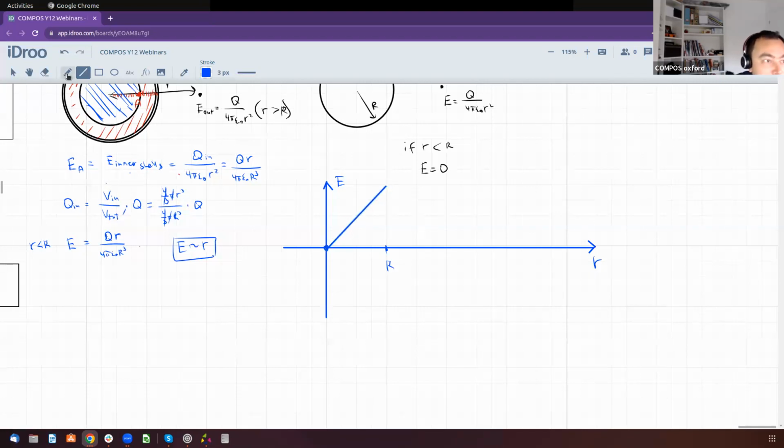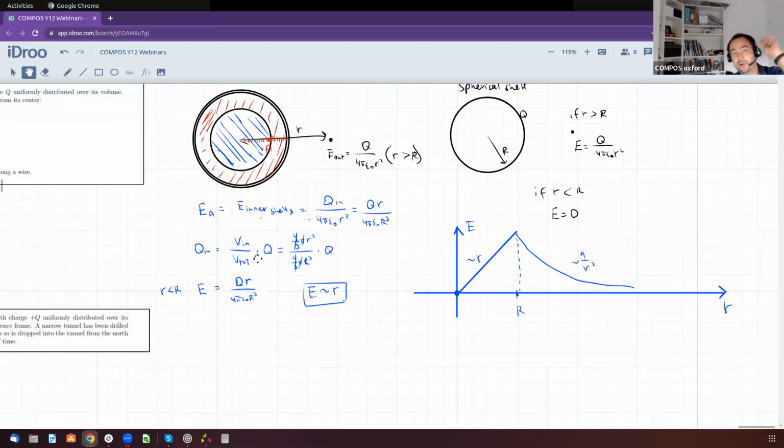It's a linear relationship, and then it decreases. So here it's proportional to r, and then it's proportional to 1 over r squared as normal. This is how the electric field behaves inside and outside the sphere.